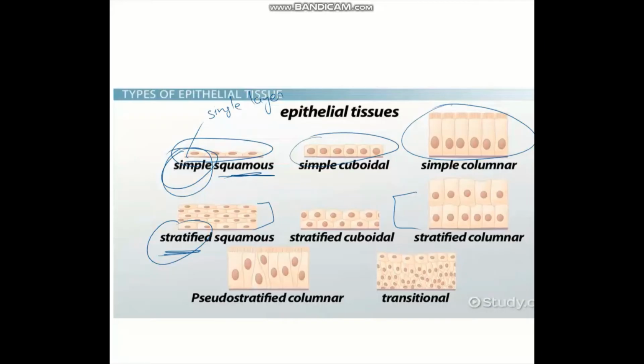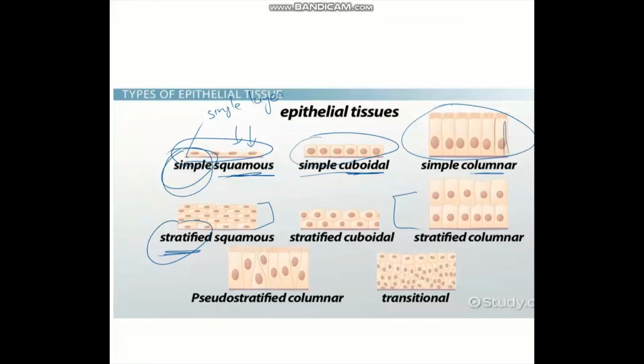Squamous comes from a word, squam, which means to press or compress. So these cells look like they have been pressed from above, and these are very thin. And then in the cuboidal layer, you'd see cells that are cuboid-like. And then in the columnar layer, you'd see that this cell shape characterizes long columns.